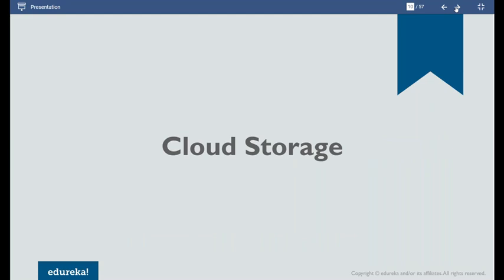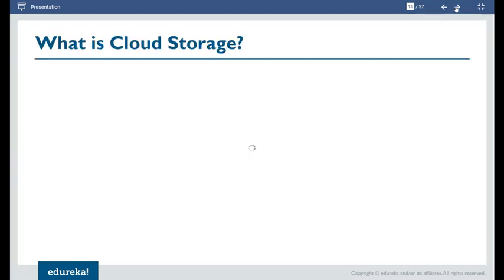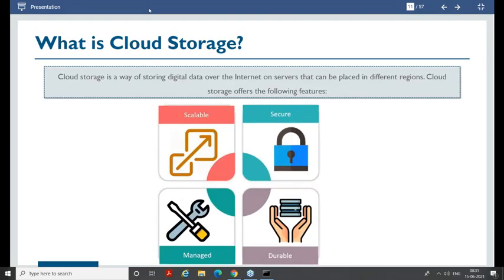Now talking about your cloud storage. Cloud storage is scalable, secure, durable, managed. It's a way of storing digital data over the internet on servers that can be placed in different regions, completely managed by AWS. It is scalable whenever you want to scale. You don't need to procure the entire 1000 GB upfront.